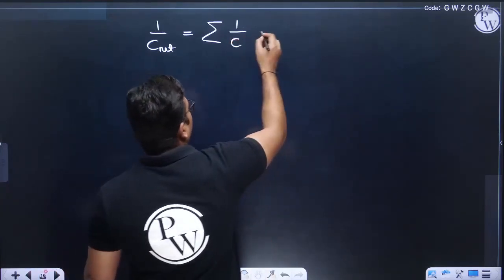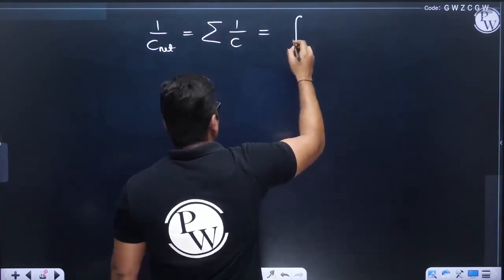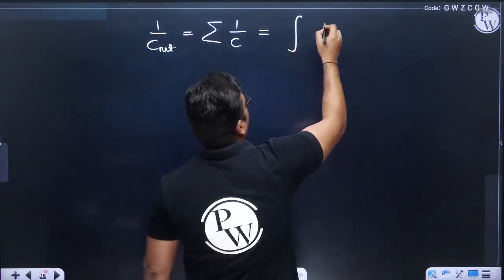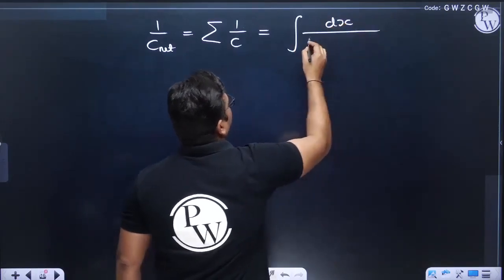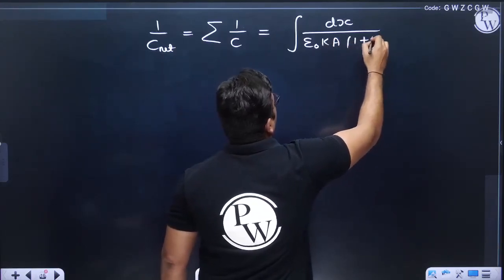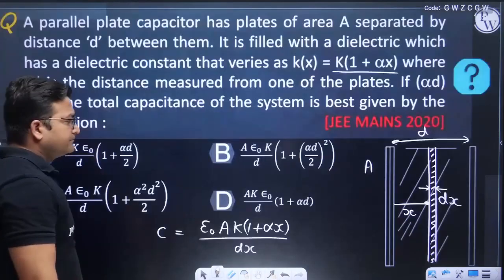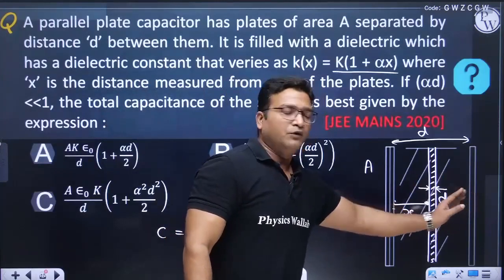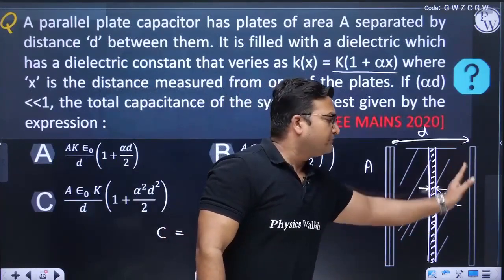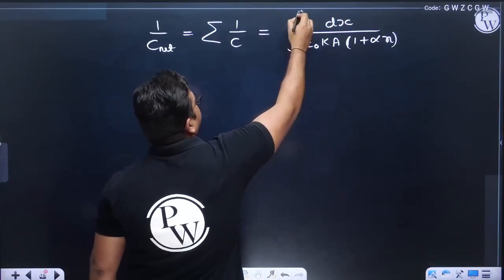So let me put the value of 1 upon C here, and the summation we can replace by an integration sign, and 1 upon C would be dx divided by epsilon naught K A times 1 plus alpha x. And see, x is varying from 0 to d, because the first element will be at x equals 0 and the last element would be at x equals d. So we'll have to integrate from 0 to d.